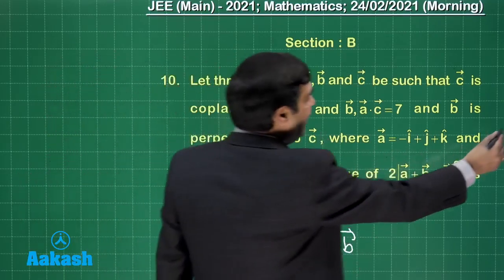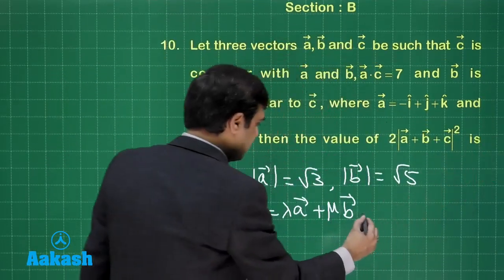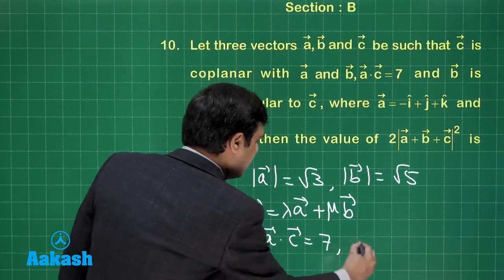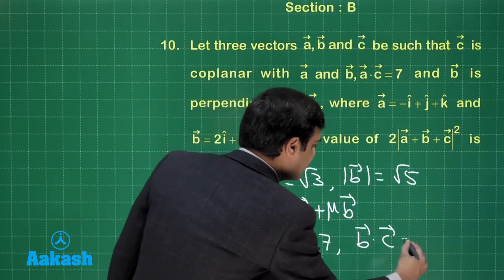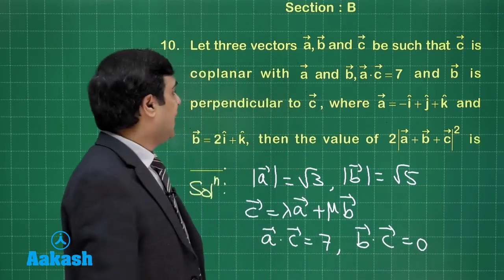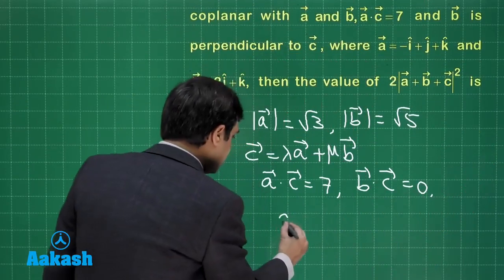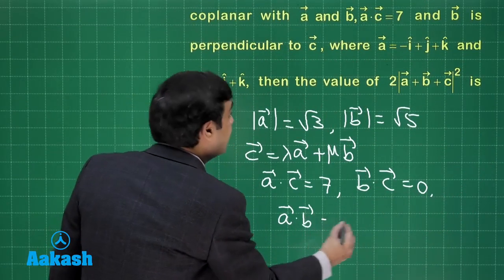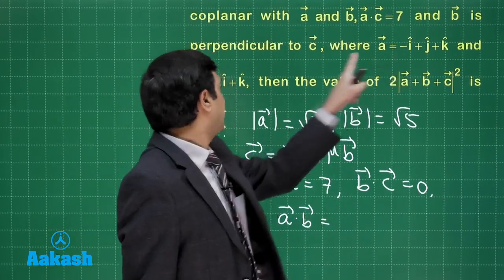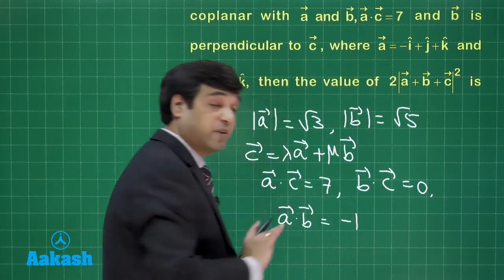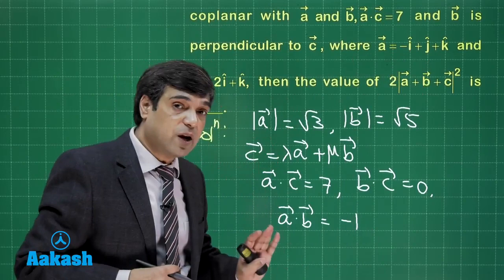Also given to me, a dot c is 7. A dot c is 7. B dot c is 0. Now, a dot b can also be obtained because it is required later. So, a dot b, by taking dot product of the two, is minus 2 plus 1, that is minus 1, right?